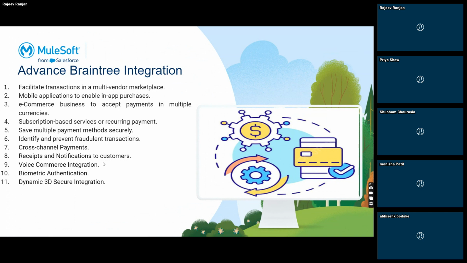We can also see how to integrate mobile wallets, how to do fraud checks, and customer notifications. It also has the capability to do payment using voice commerce integrations, 3D Secure, or biometric authentication. So there are lots of use cases we can get by using Braintree or a payment gateway.